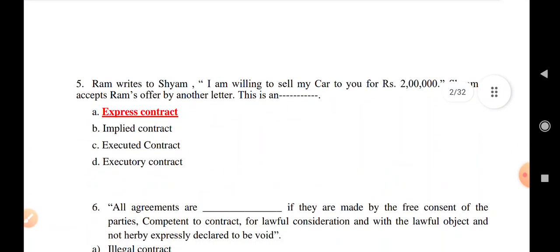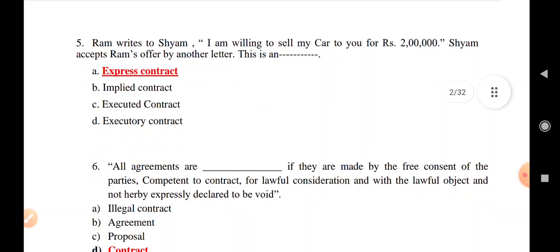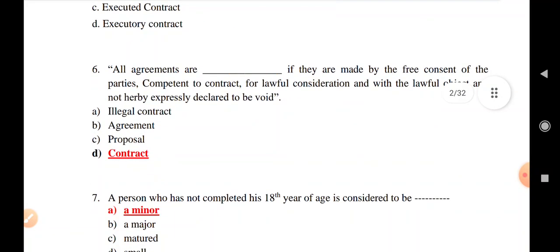And here are examples of the kinds of contract. If a person is giving his consent in writing, then there may be an express contract. Then, when does an agreement become a contract? As we have discussed in our lecture, if these ingredients are present in the agreement, then only that agreement will be treated as a contract.